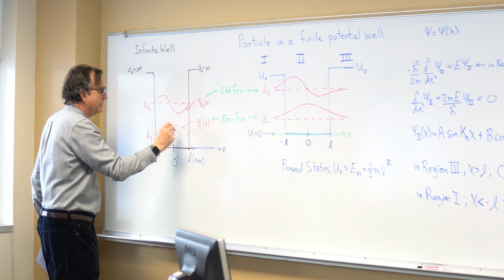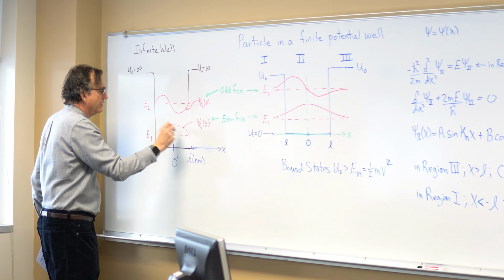Let's take a particular example: for n odd, minus 1 to that power is just plus 1. Then for n odd, I get that C is equal to B cosine k_n L plus A sine of, oh, did I make a mistake here?